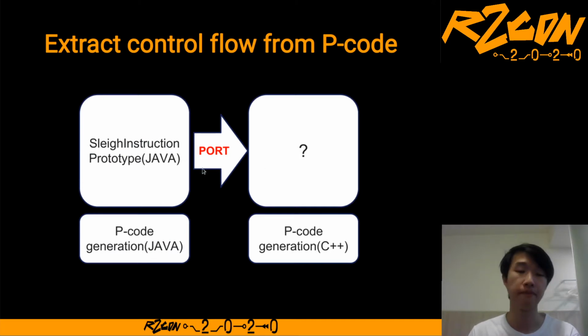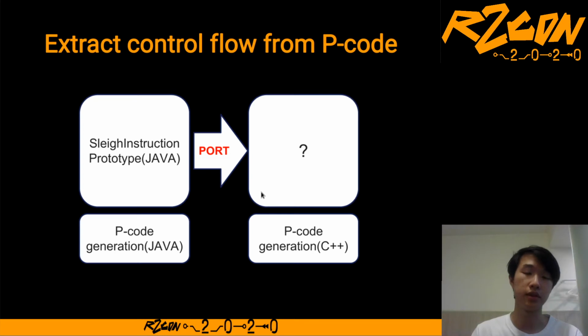It looks easy, but however, the Java and C++ P-code generation processes look like each other, but there's still a difference. To do the port work, you will have to touch the internal data fields and some protected or even private methods. So minimizing the changes to the Ghidra source code is the biggest challenge, and you will have to read through all the related code.